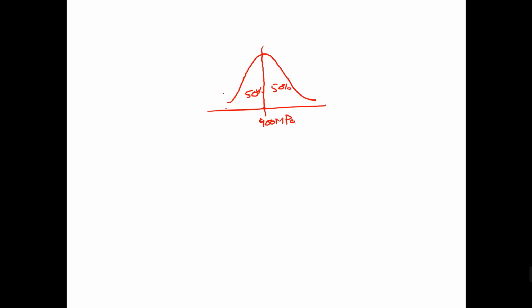It is a strength, and 400 MPa is the strength, and we say that for this material, the material will not fail at 400 MPa, and after that the material will fail. At 400 MPa, it is possible that 50% of the material fails and 50% of the parts do not fail. It means that for this value to be 400 MPa, we have a reliability of 50%.